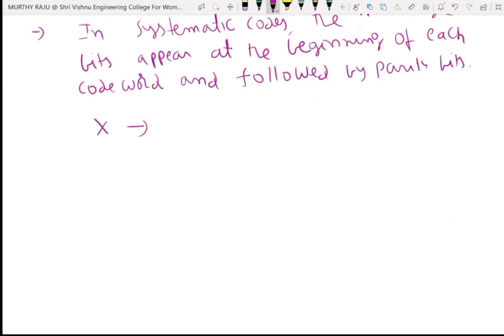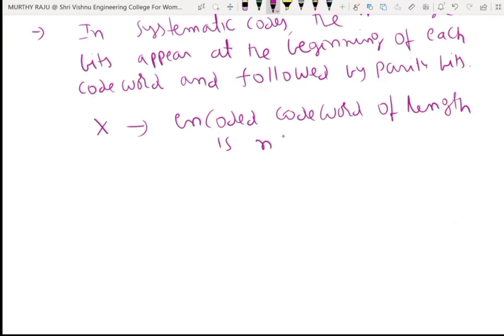Capital X is the encoded code word of length n bits, sometimes also called the code vector. That is, X is equal to X1, X2, X3 up to Xn.